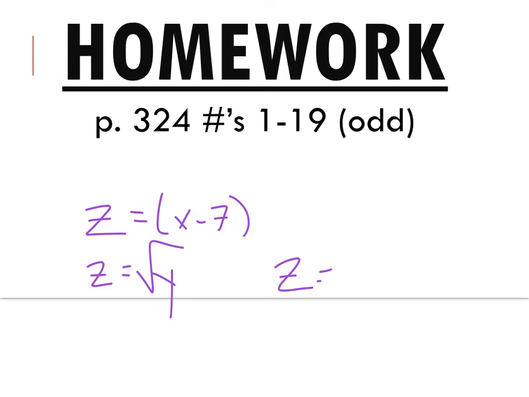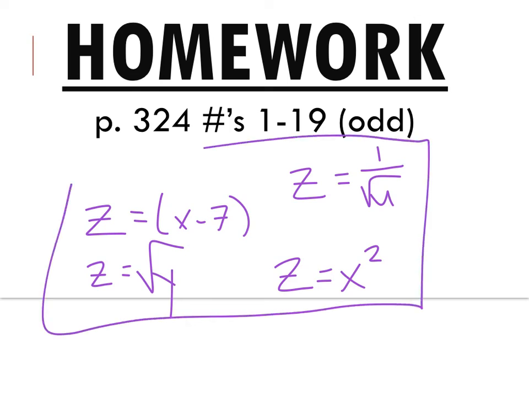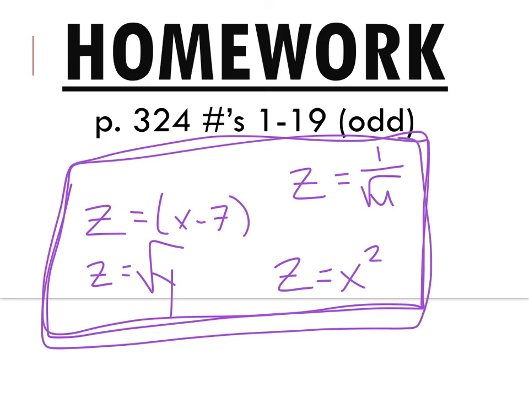Sometimes z might equal just a simple x squared. And then sometimes z might equal a fraction. So you've got a lot of options, but just keep in mind that the variable z can equal whatever you want, whatever's yucky within the problem. I wish you luck.